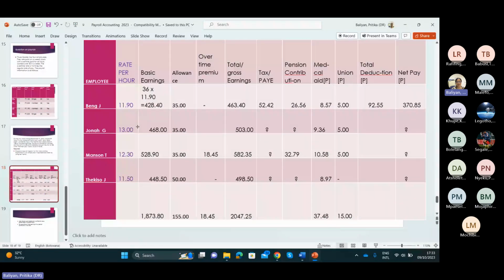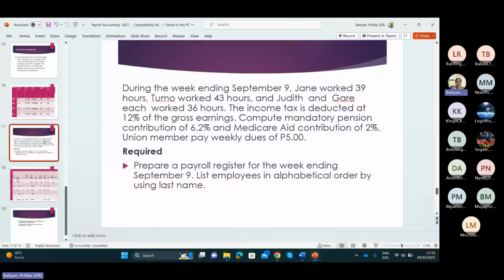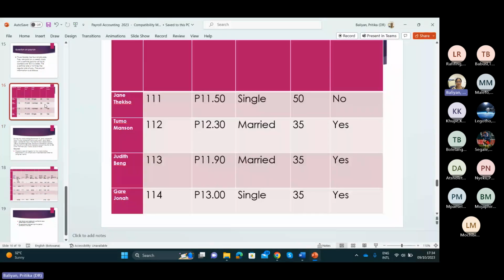How many hours did he work during the week ending September 9th? He also worked 36 hours, right? And what is the rate by which he's paid? He's paid at the rate of 13 pula.